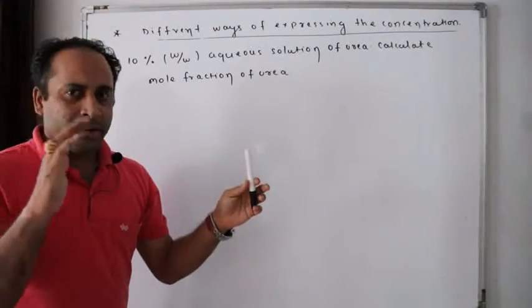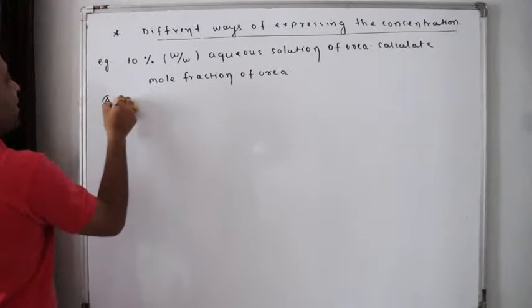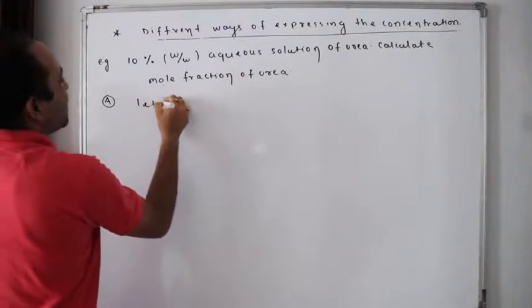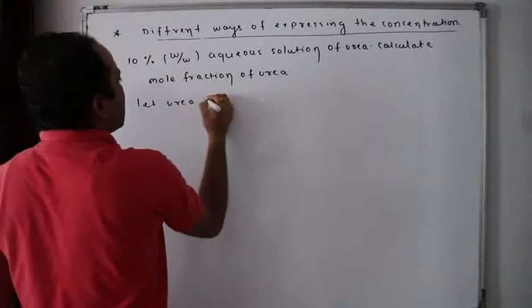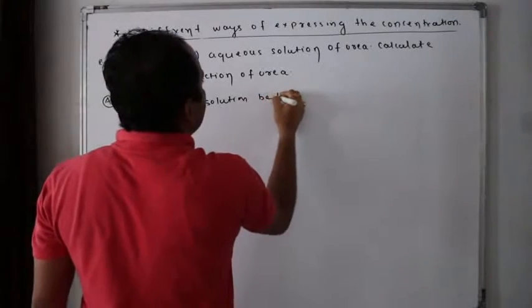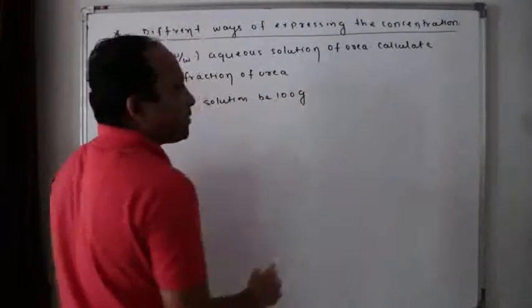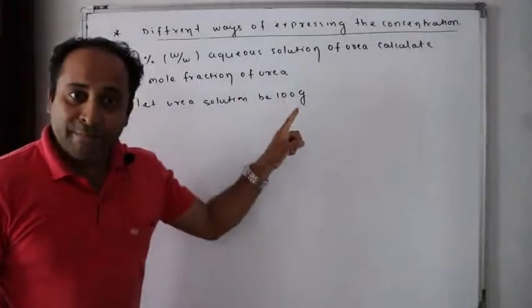See, use your brain. Very simply, I will solve it. 10% is given, isn't it? Let urea solution be 100 grams. Now you tell me, solution is 100 gram, 10%.